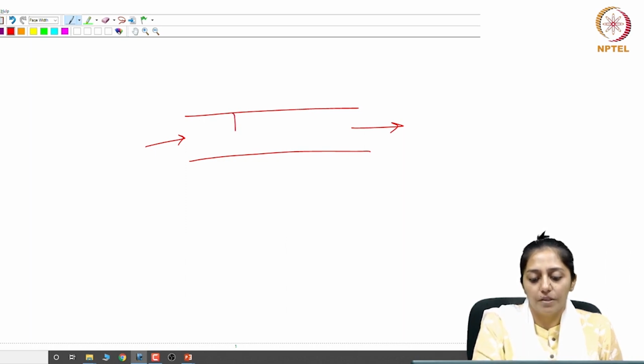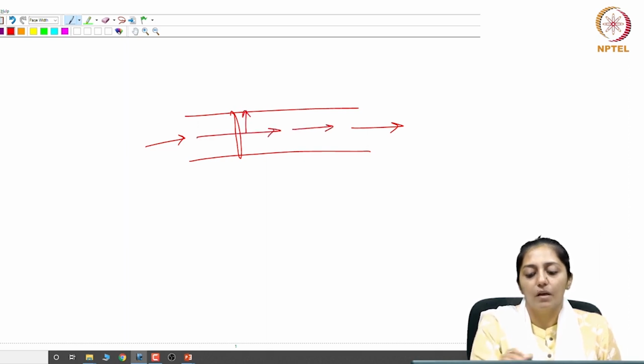There are no variations radially. The concentration is only changing longitudinally. And the kinetics of a plug flow fermenter running at steady state is the same as that of an ideal batch reactor.